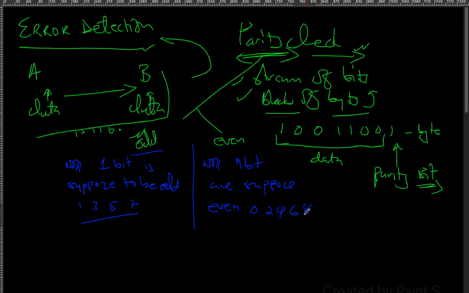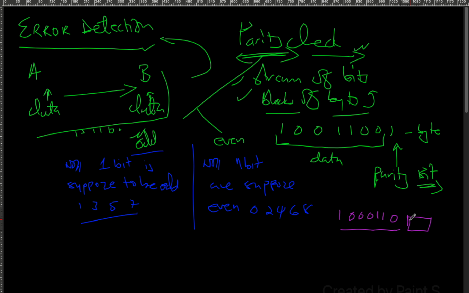Are we together? Take this example. Suppose the information being transmitted from A to B consists of 1, 0, 0, 0, 1, 1, 0. So we have 1, 2, 3, 4, 5, 6, 7. This is the data itself. What's left now is the parity bit.